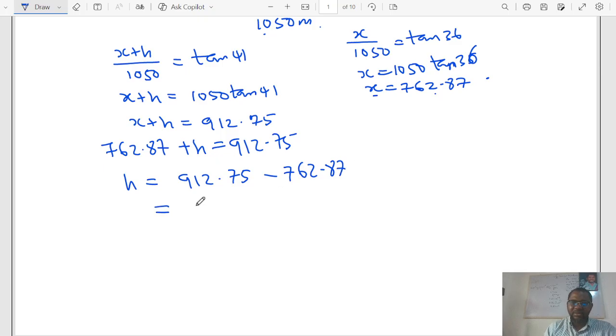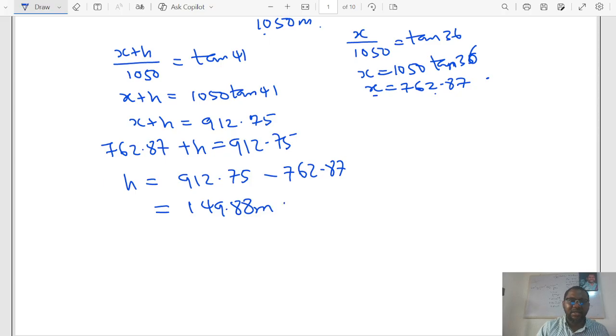So that would give us, let me use the calculator, 912.75, then minus the other one, 762.87. So that is 149.88. So I'm going to come here and say this is 149.88 meters. So that is the formula for the height.